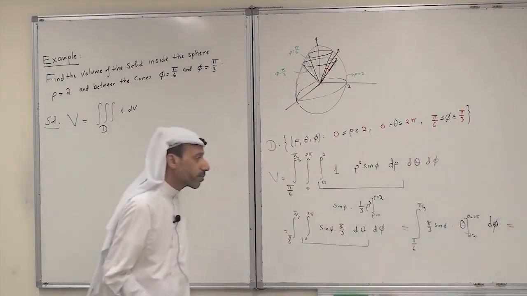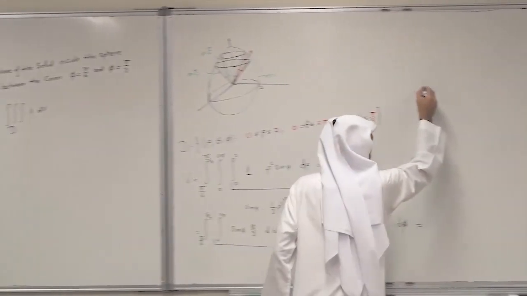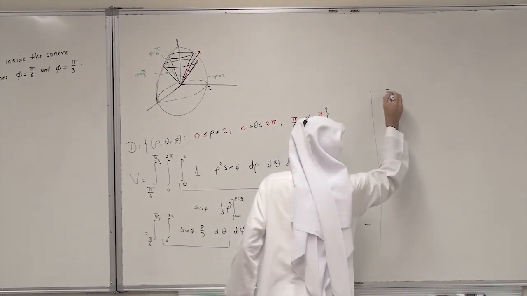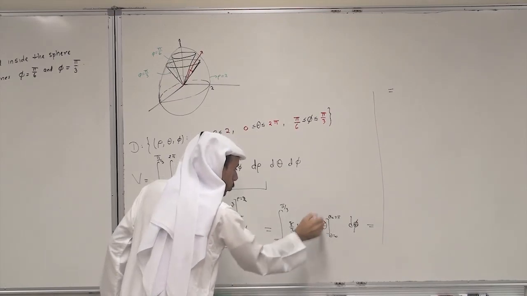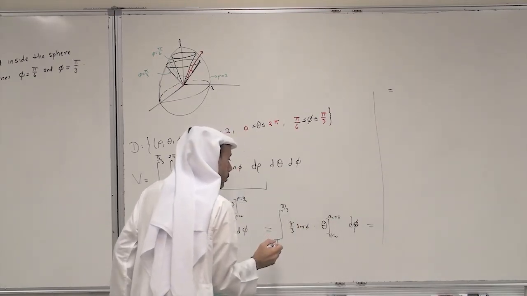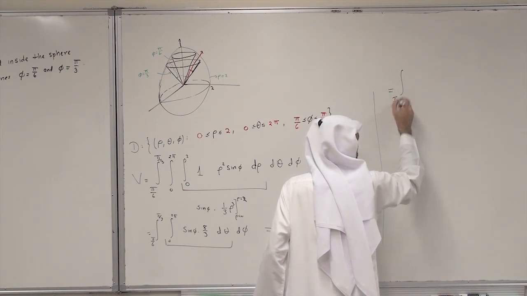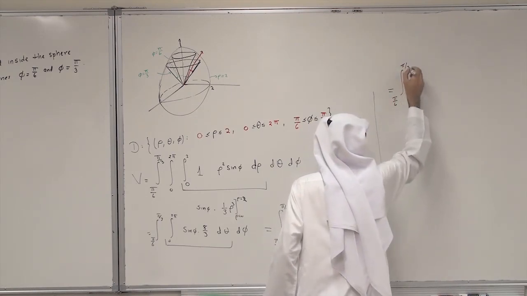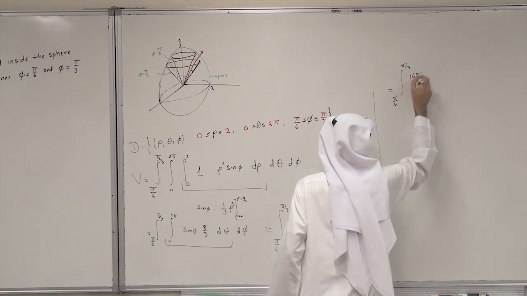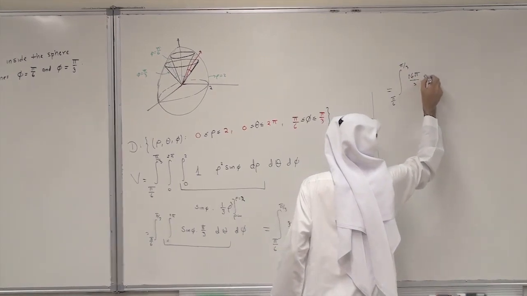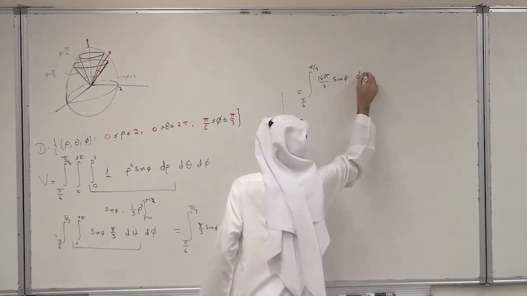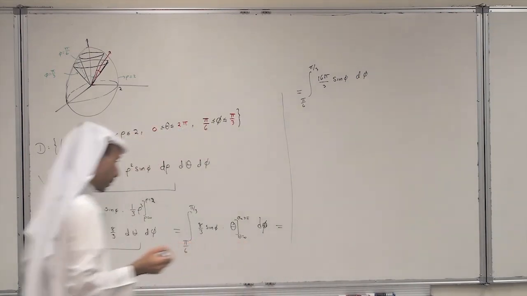And this is 2 pi times 8 over 3, 16 pi over 3. So this is the integral from pi over 6 to pi over 3 of 16 pi over 3 sine phi d phi.